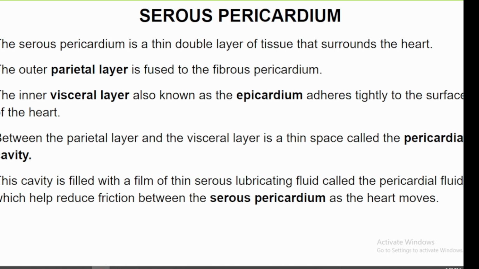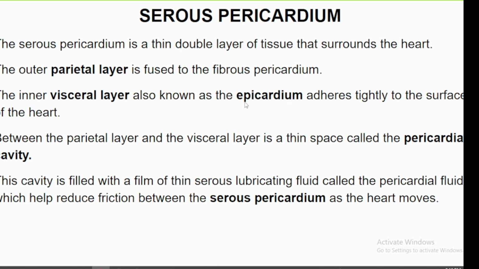The outer layer is what we call the parietal layer, and we have the visceral layer. The outer parietal layer is fused to the fibrous pericardium. Don't forget that the fibrous pericardium is outside, so if something is outer, it should be connected to the one that is outside. You understand? Then we also have the inner visceral layer, which is also known as the epicardium.